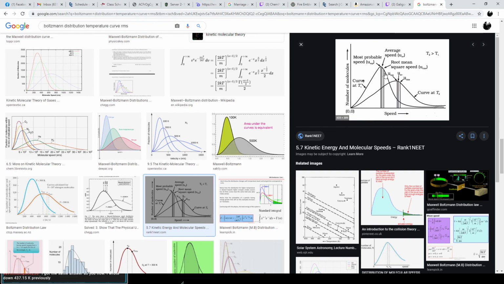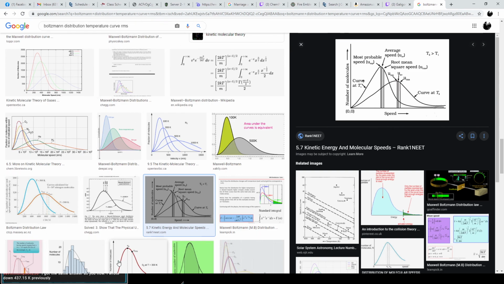As we can see here, the average and the most probable are that close, and they're still that close in the new graph. The root mean square is a little bit further, and it's again a little bit further in the second one. So without having to completely destroy my lovely graphs, that's what we're looking at here.